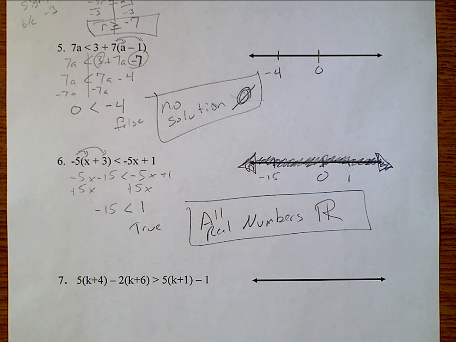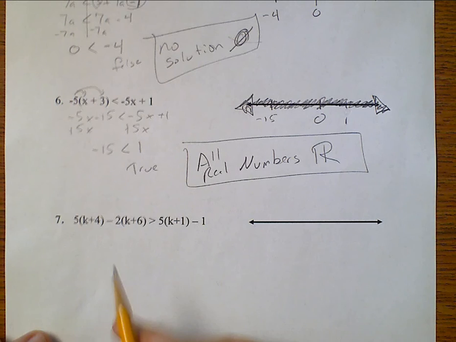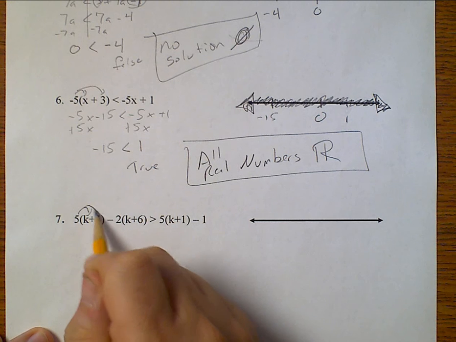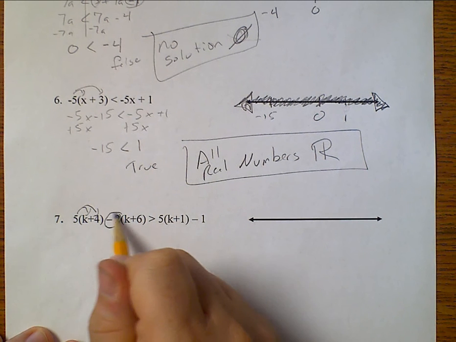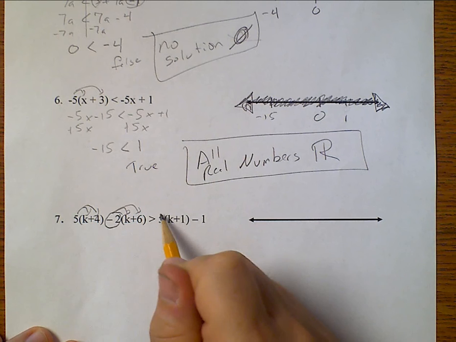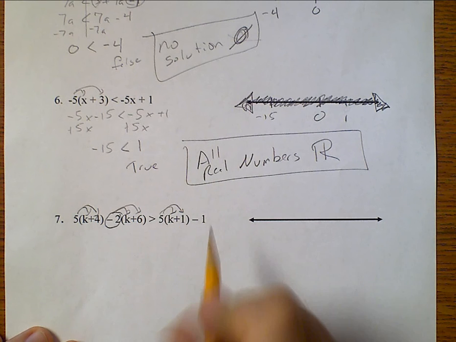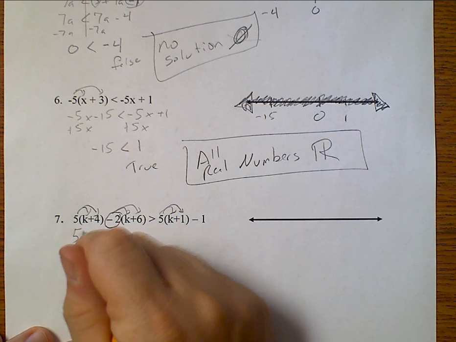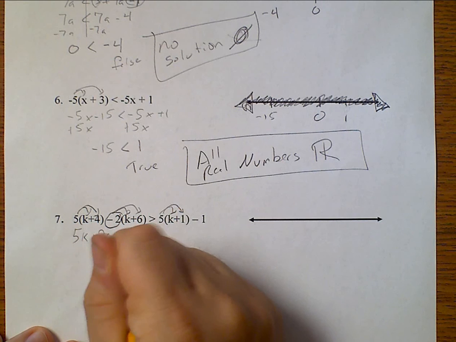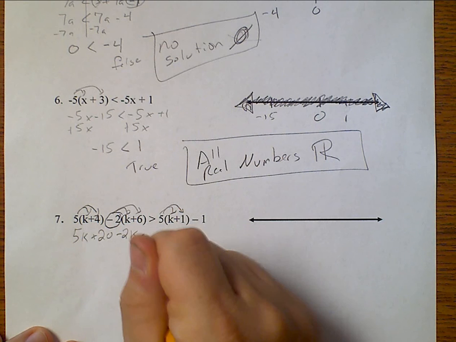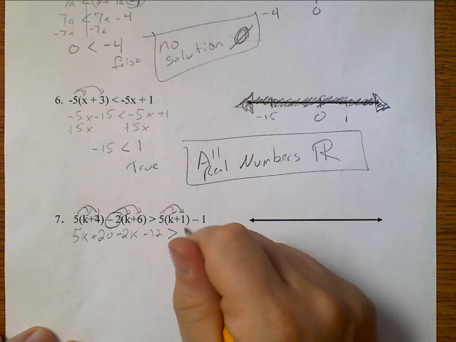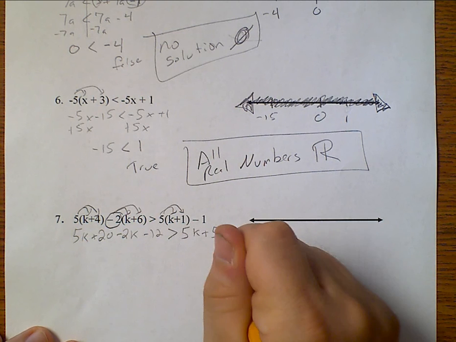Now, we go ahead and move on to our last example, number 7. I'm going to distribute the minus 2. I'm going to distribute that 5. So this gives me 5k plus 20 minus 2k minus 12 greater than 5k plus 5 minus 1.